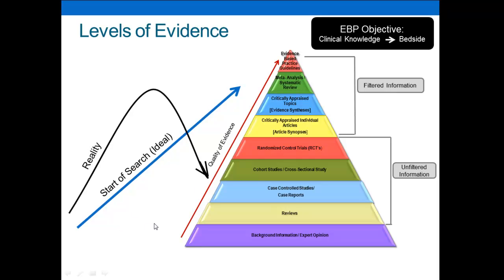Therefore, many times your search will start on a trajectory of aiming for the top, but you will usually fall short of that and be looking for primary studies. I just like to make sure that people understand that, because everybody would love to have a systematic review or an evidence-based practice guideline. But many times you're looking at a series of primary studies in order to make a decision, which means that it's very important that you know how to appraise them.